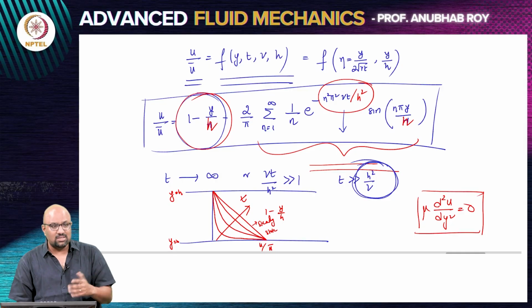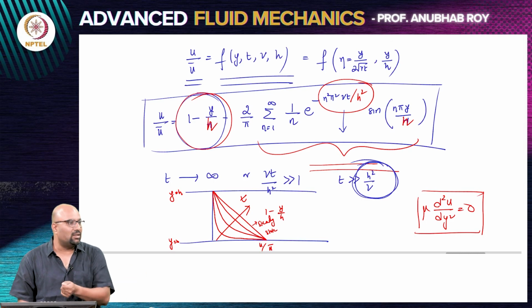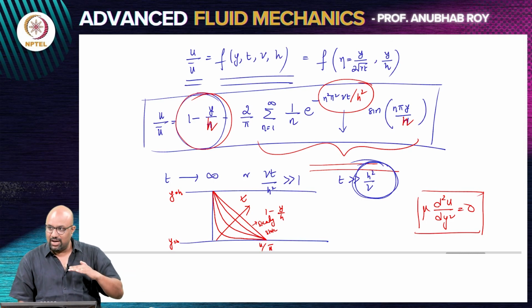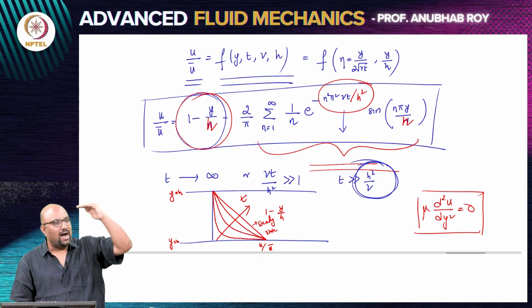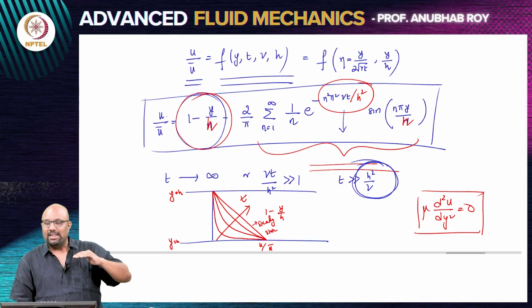You can also think of this in terms of vorticity, because the bottom plate is moving, which means there is a vortex sheet at the bottom. So this vortex sheet is going to keep spreading vorticity into the fluid until the entire fluid has constant vorticity, right?